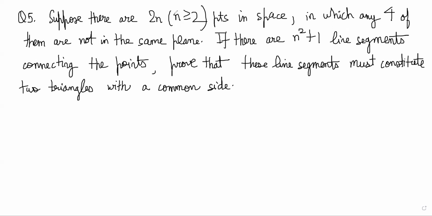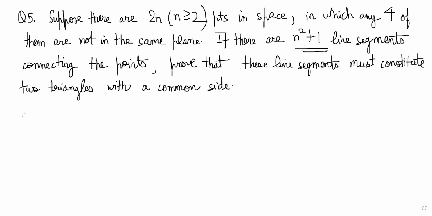So if there are 2n points, where n is greater than or equal to 2, in space where any four of them are not in the same plane, and if there are n squared plus 1 line segments connecting these points, we have to show that these line segments must have two triangles with a common side, right?